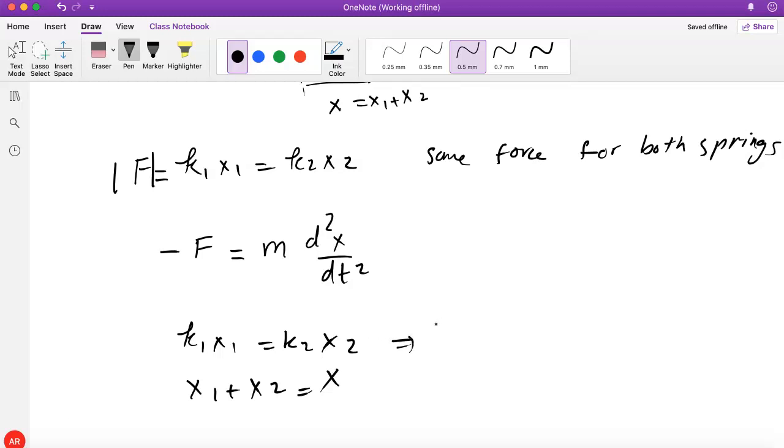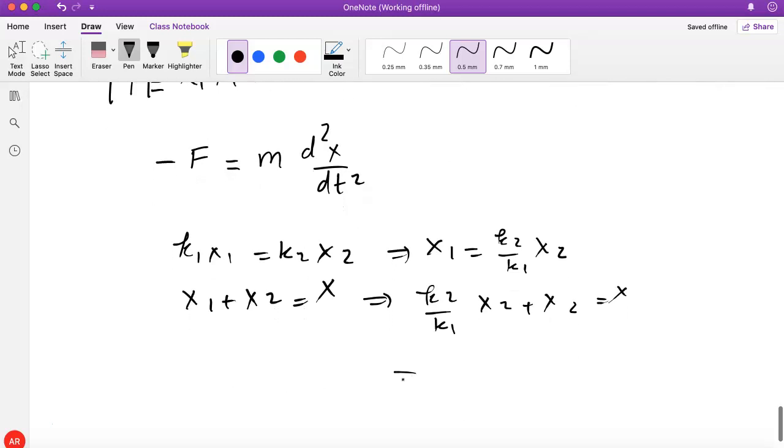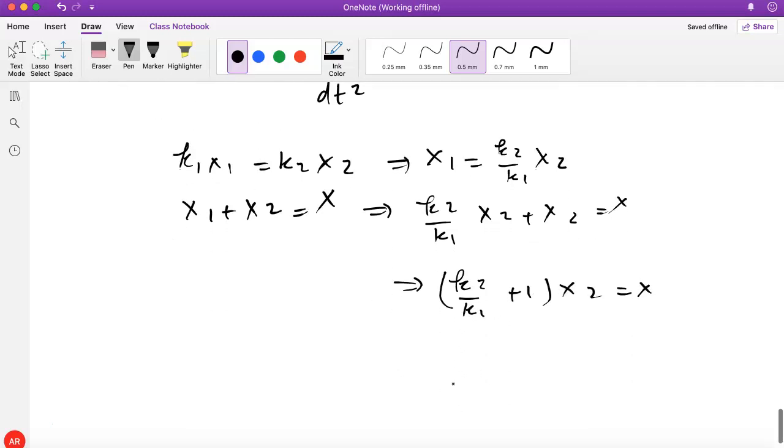So for example, I can solve for x1 in terms of x2, and put it into this equation. So I get k2 over k1 times x2 plus x2 is x. And then from here, if I factor out the x2, we find k2 over k1 plus 1 times x2 is x.